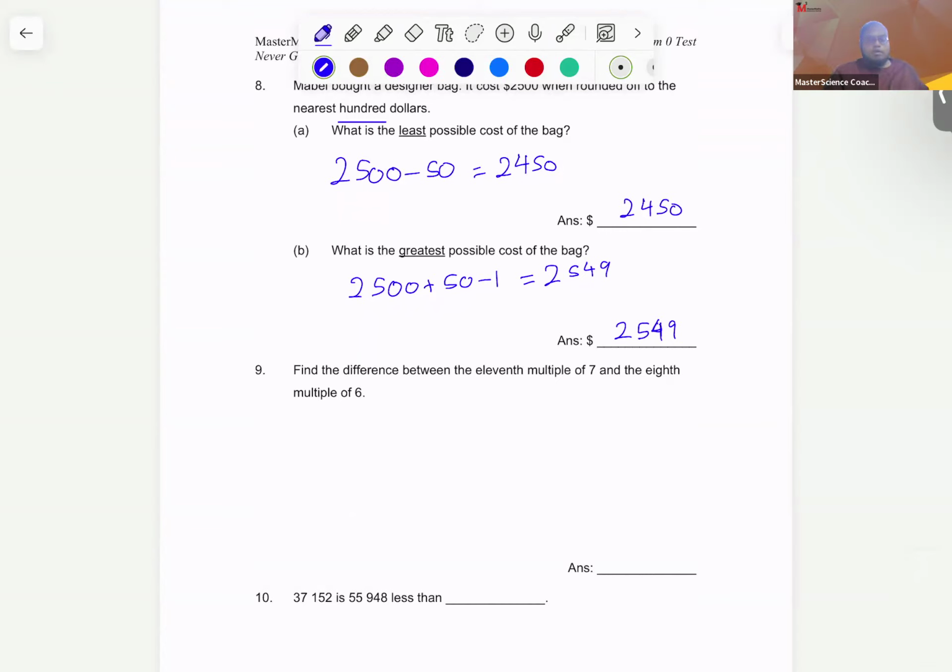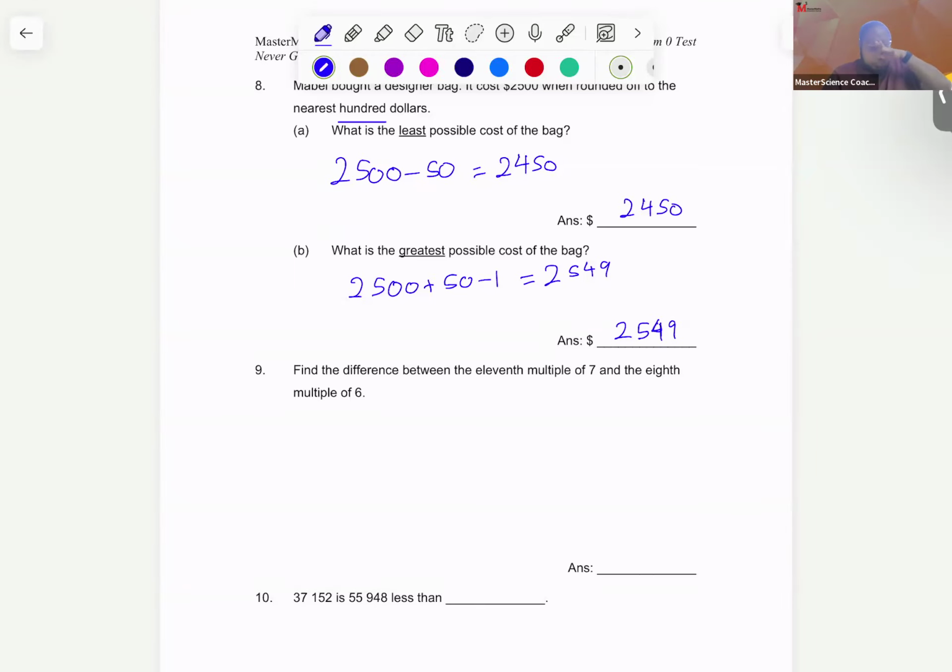And then the next part, question 9, find the difference. Okay, Safa, what is difference? Minus. Minus between 11 multiple of 7. Iman, what is 11 multiple of 7? 77, very good.